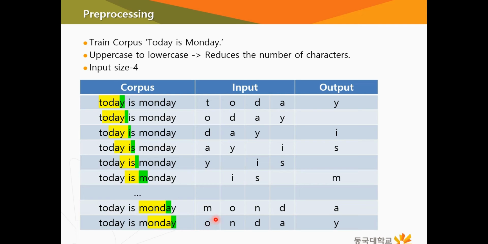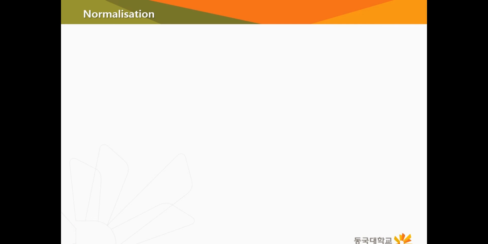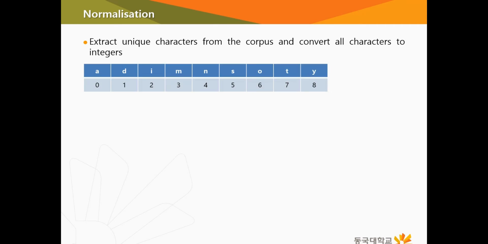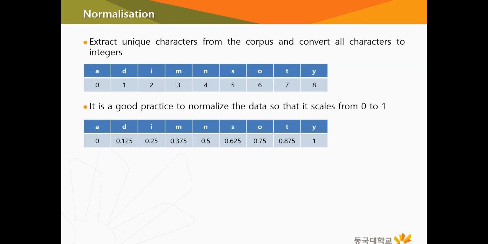until all the input character patterns have been prepared. To prepare the training data as in the earlier example, you need to extract unique characters from the corpus, and each character must be encoded to integers because the computers cannot understand the characters by themselves, but only integers. And for the next step, the training data should be normalized so that it scales from 0 to 1.